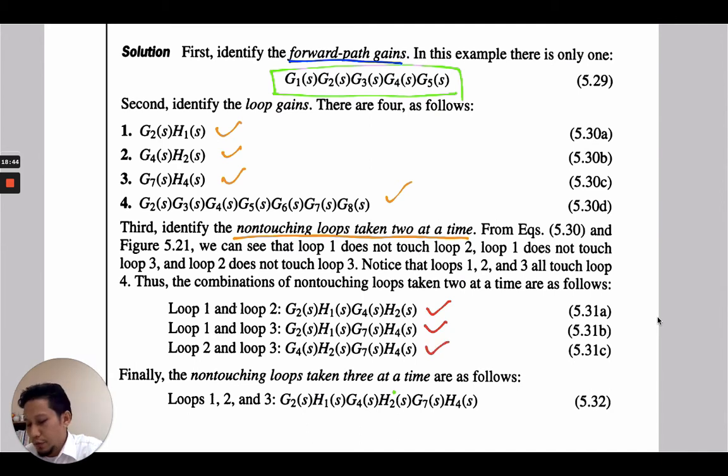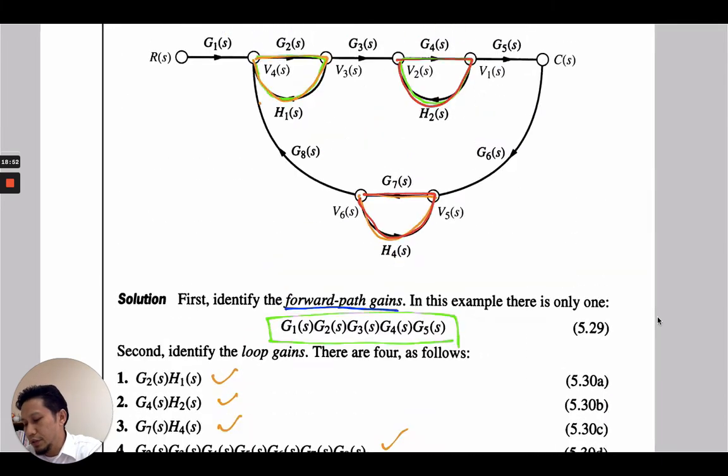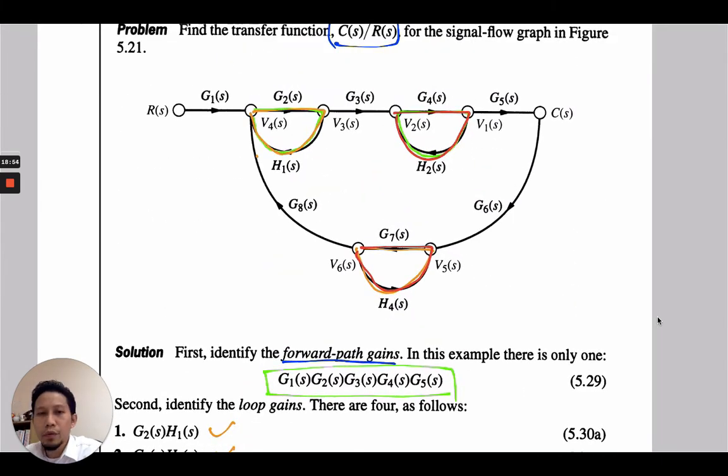Finally, we must find the non-touching loops taken 3 at a time. In this example, we only have 1 set of loops that do not touch each other 3 at a time: G2 H1, G4 H2, G7 H4.